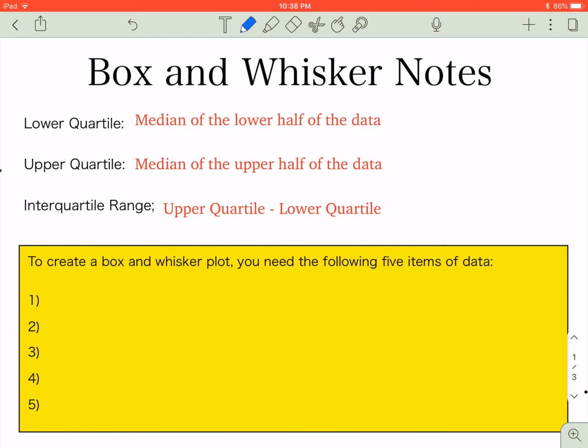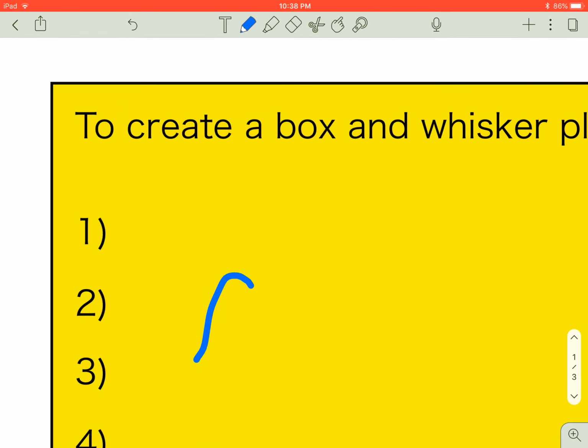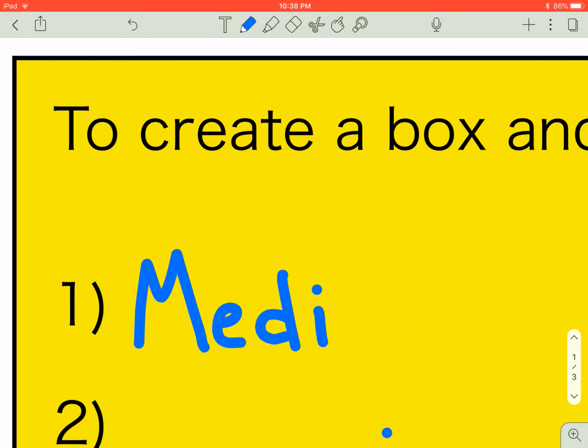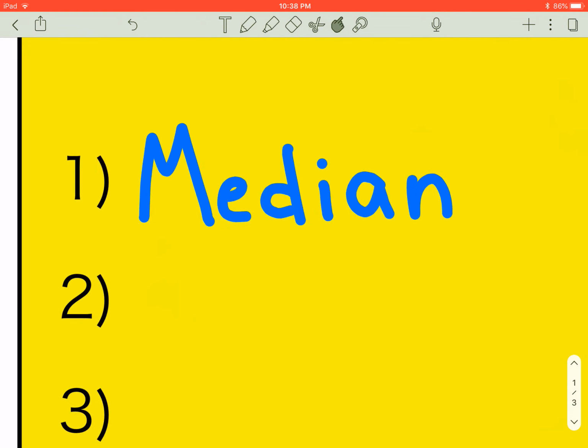To create a box and whisker plot, we need 5 pieces of data. If I zoom in here, the first thing we need to find is the median. That's going to be step 1, find the median. After we find the median, we will want to find our upper and lower quartiles that we just talked about.